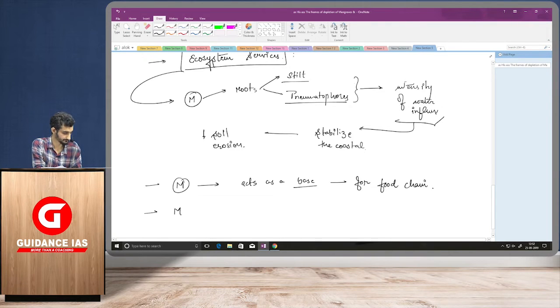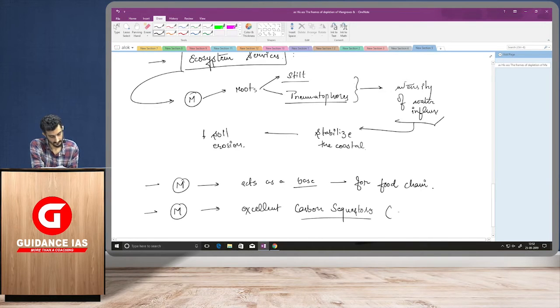Again, mangroves are excellent carbon sequesters and better carbon sinks, about 4 times more than other kinds of vegetation present. So these are the important points.